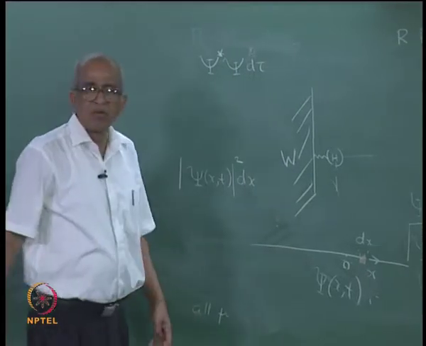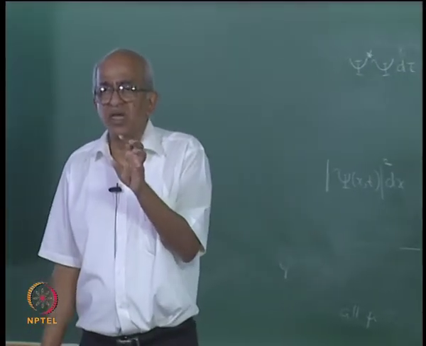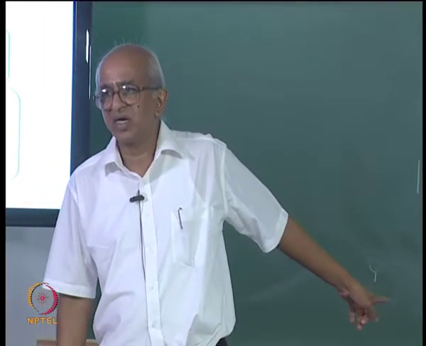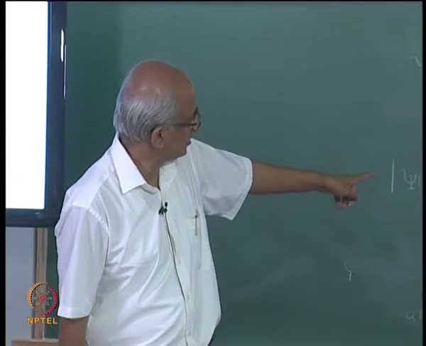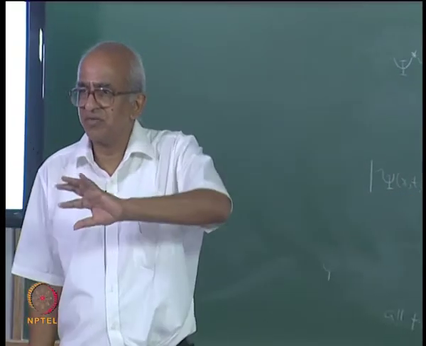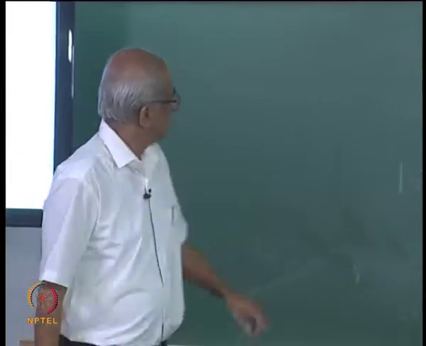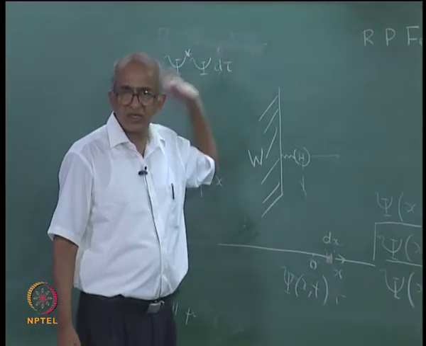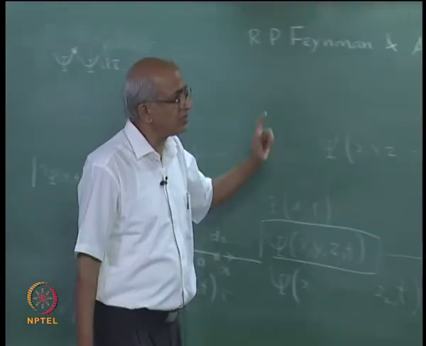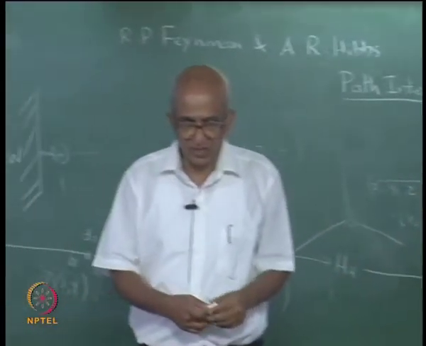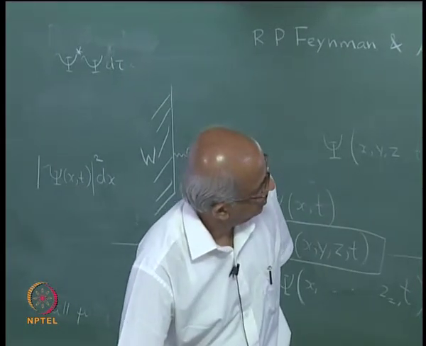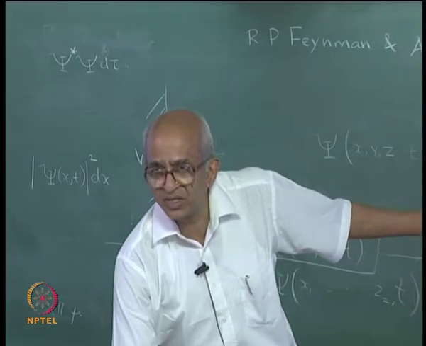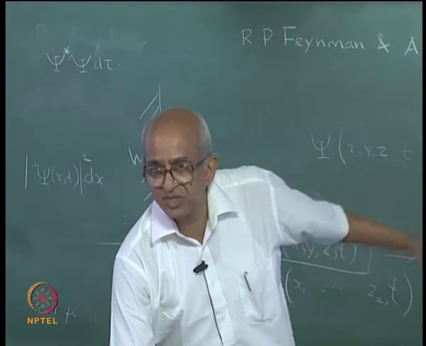You say that the probability that the system may be in a volume d tau, where d tau stands for dx if it is a simple one dimensional problem, while it will stand for dx into dy into dz if it is a three dimensional problem. So, therefore, this is going to be the probability. Psi star psi into d tau is going to be the probability, where what is d tau? D tau is actually dx into dy, it is not complete because you may have more things, there were dots there which seem to have disappeared.